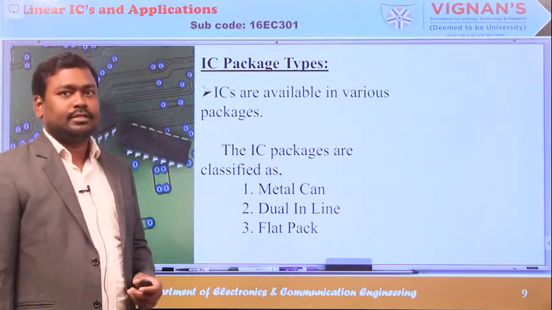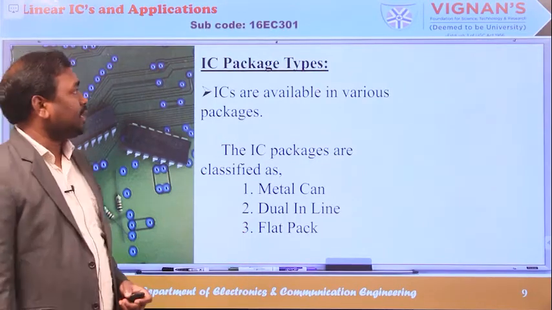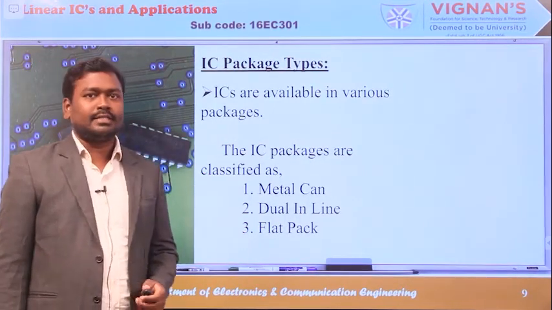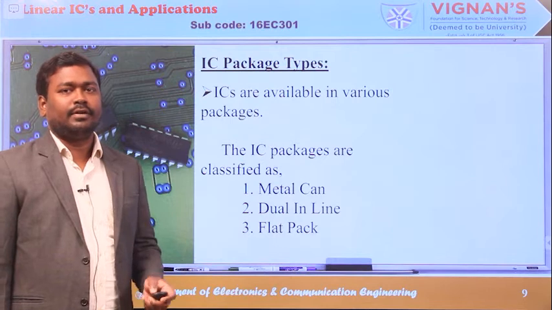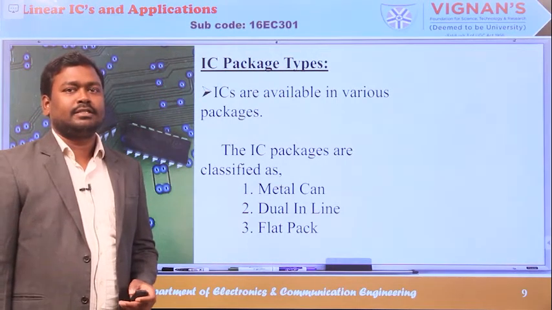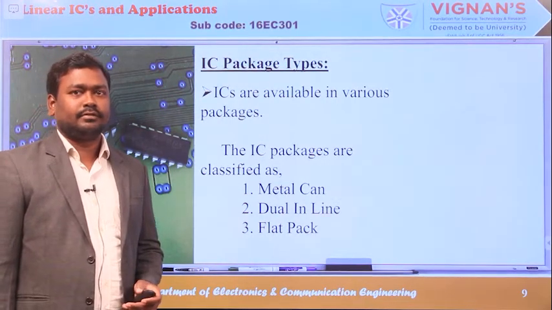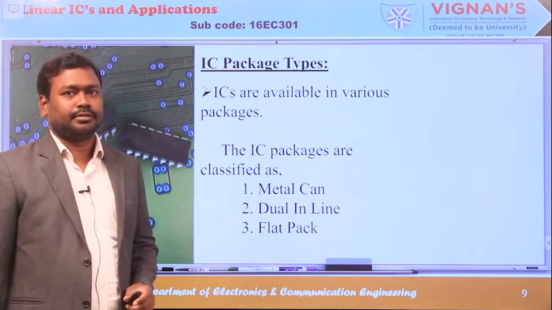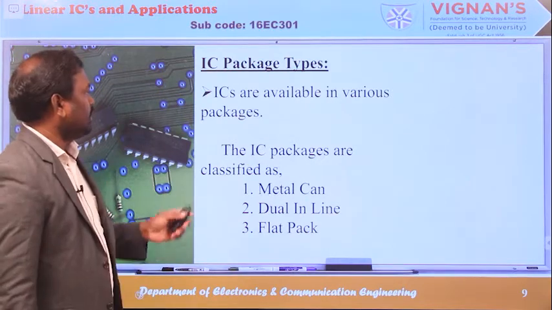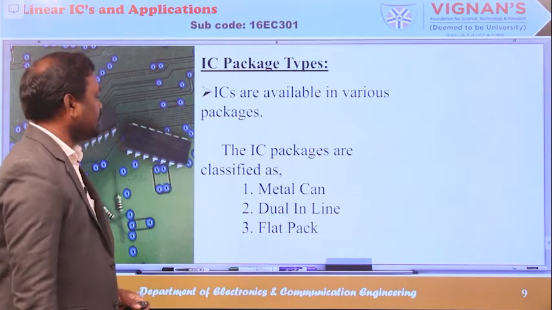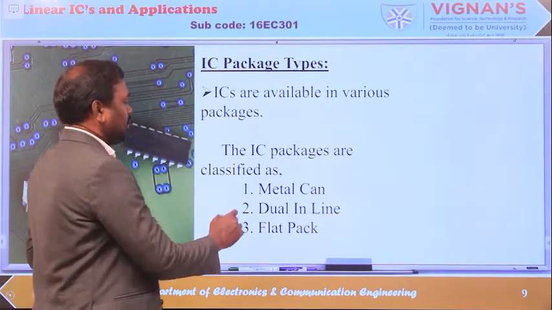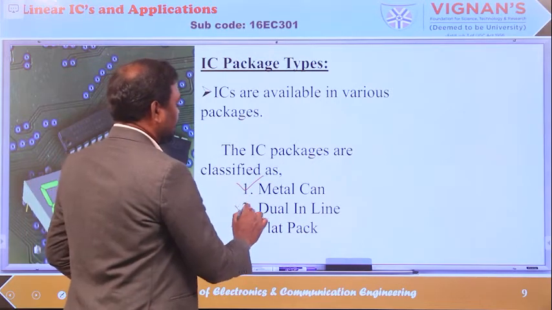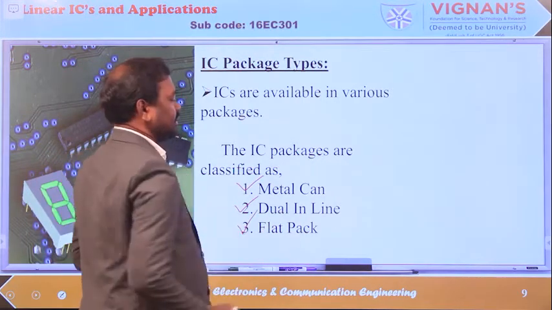The next topic is IC packages. ICs are available in different packages. See, packages is nothing but encapsulation. We give protection to the internal circuit. So mainly the IC packages are classified as metal can package, dual in-line package and flat package.